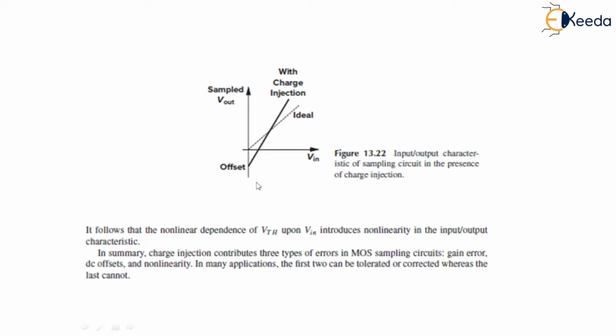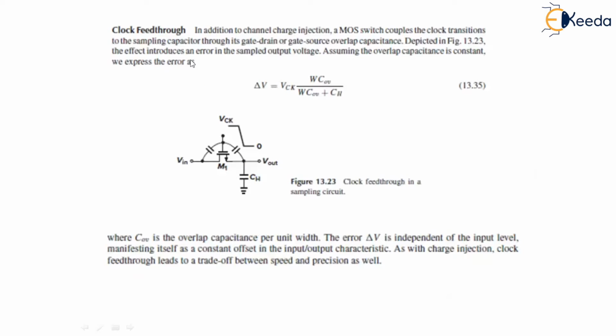Due to the offset, the gain error, and the nonlinearity. Now the second parameter in precision considerations is clock feedthrough. In addition to channel charge injection, a MOS switch couples the clock transition to the sampling capacitor through its gate-drain or gate-source overlap capacitance, and as shown in figure 23, the effect introduces an error in the sampled output voltage.